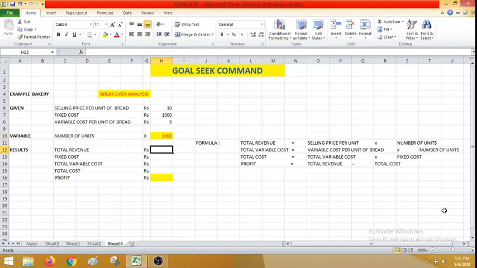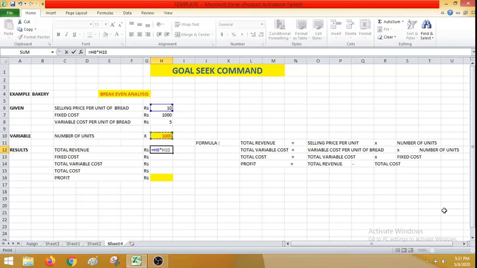Then how are we going to get the results? I have given the formulas here. Total revenue will be equal to selling price per unit times number of units. So I am going to type the formula here: equal to the selling price per unit of bread, 10, multiplied by the number of units, 1000, in this cell.